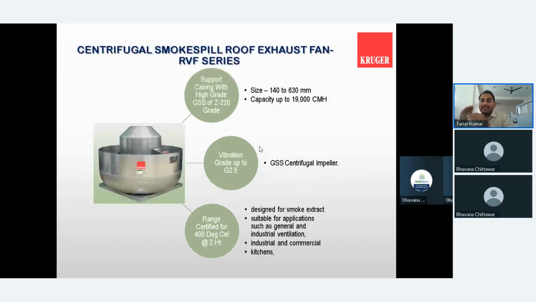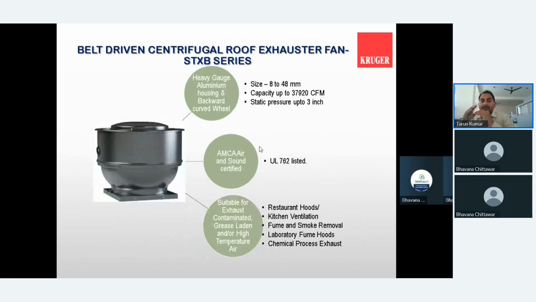Whereas when the static pressure increases for smoke spill applications, we have the centrifugal smoke spill roof extractor fan, as well as a belt driven arrangement for roof exhaust. This fan is very famous in the European market nowadays for kitchen ventilation.